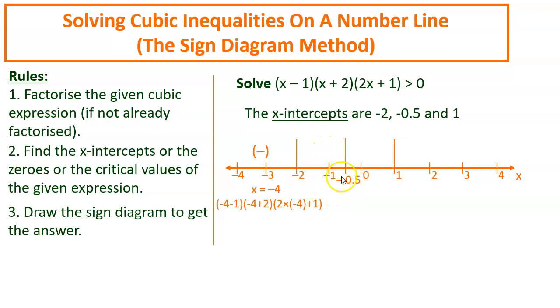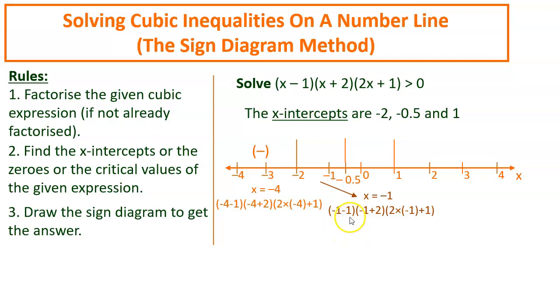That is from negative 2 to negative 0.5, or negative half. And I have taken the x value to be equal to x equals negative 1. You can take any other value. You can take negative 1.5. I have taken x equals negative 1. And then again I'll be substituting this negative 1 value in this expression. It is negative 1 minus 1, negative 1 plus 2, 2 times negative 1 plus 1.